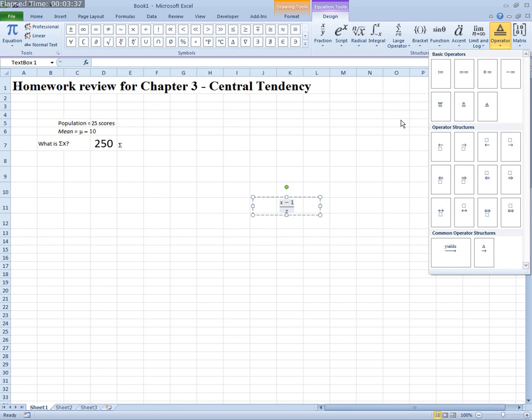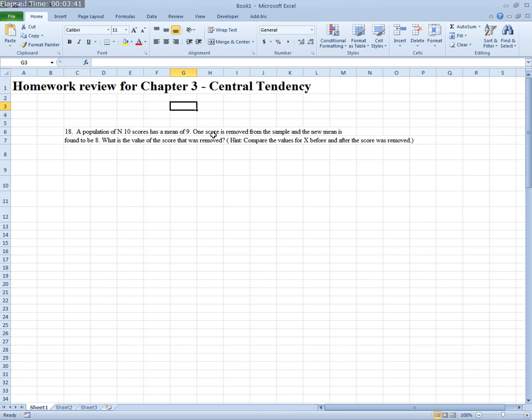Let's do the next question. The next question is kind of interesting because it's exactly the same as the last question that we did, except it's got a little twist in it. So 18 is asking, a population of n equals 10 scores has a mean of 9.